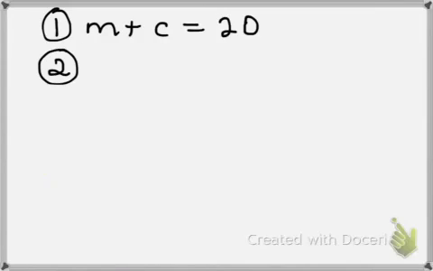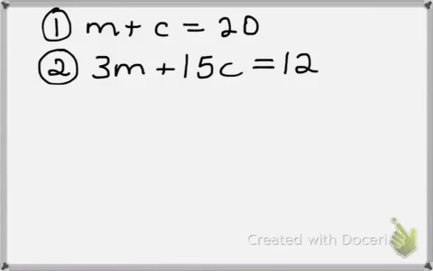So we have m plus c equals 20 as our first equation, 3m plus 15c equals 120 as our second equation. And now it's time for our favorite, some elimination.